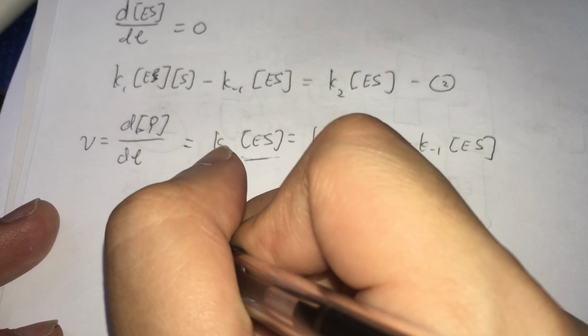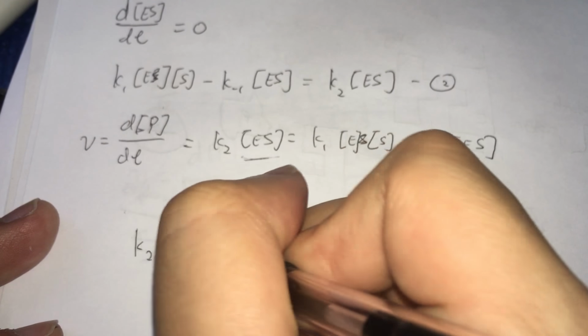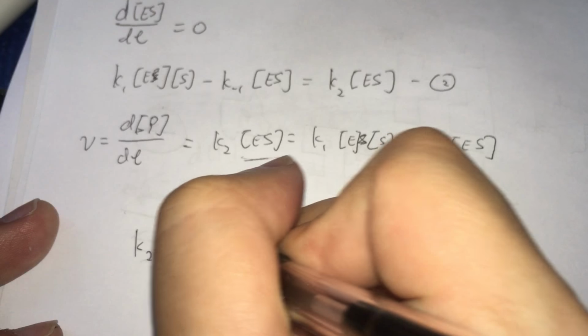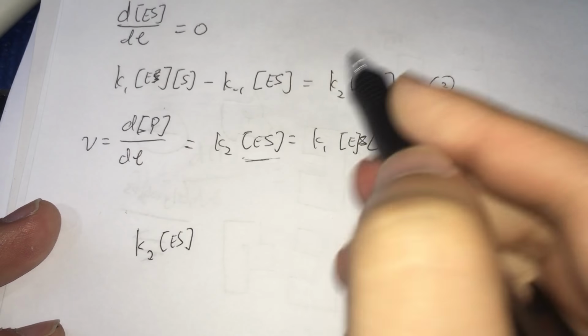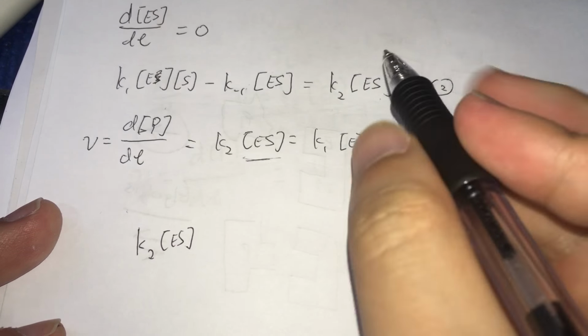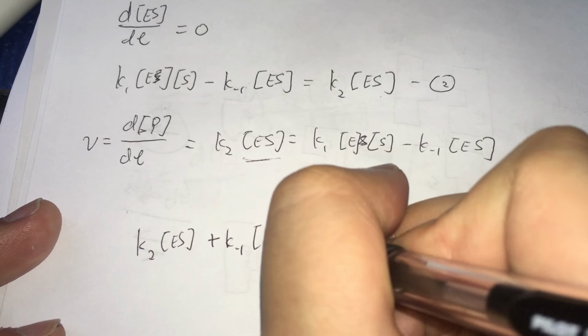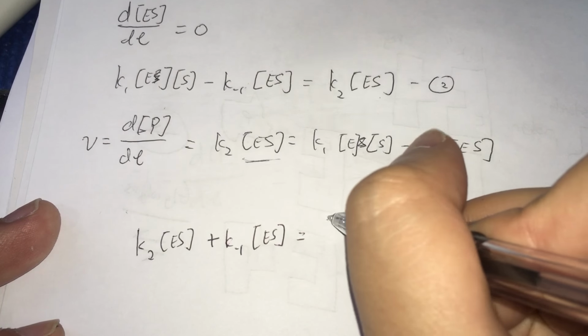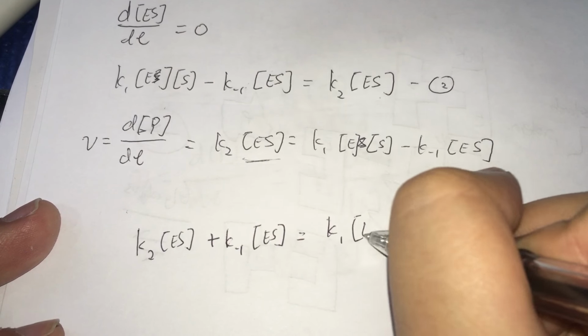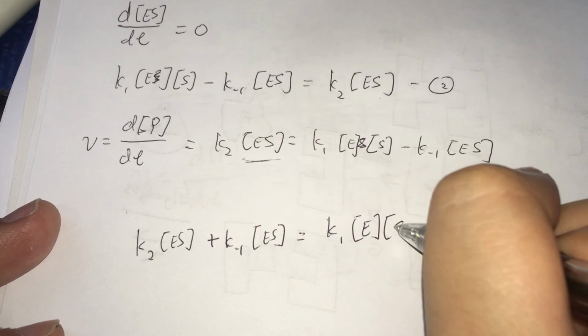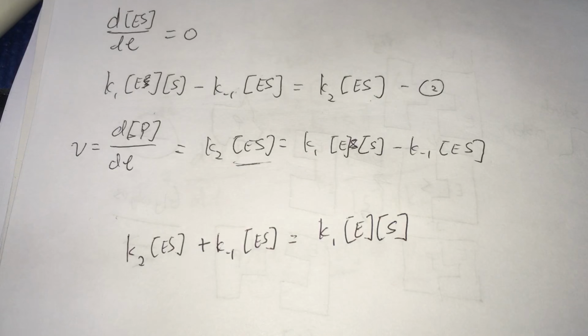So let's make ES the subject again. K2 ES, let me shift this to this side, plus K inverse times ES equals K1 times E times the substrate concentration. Okay, so far okay?